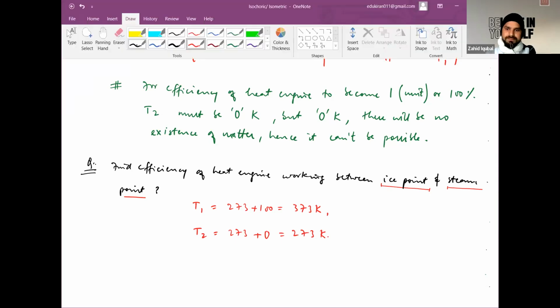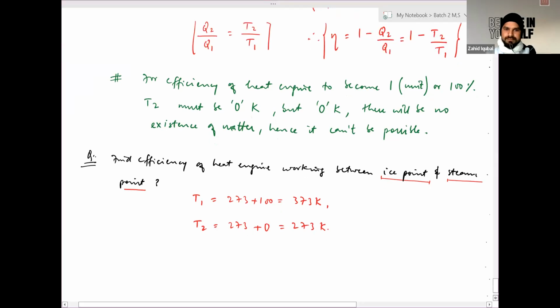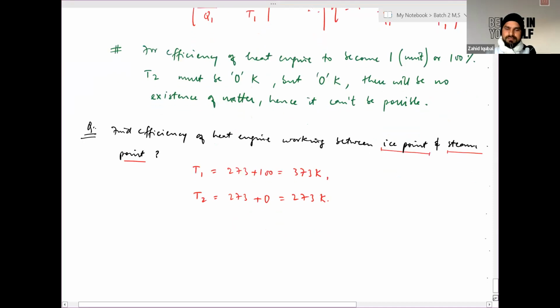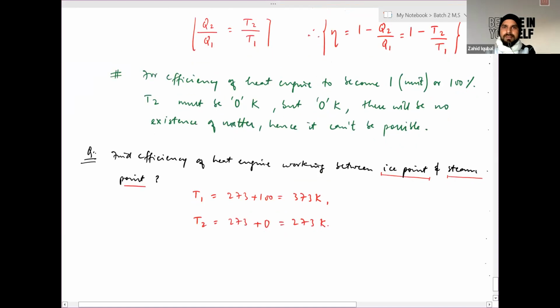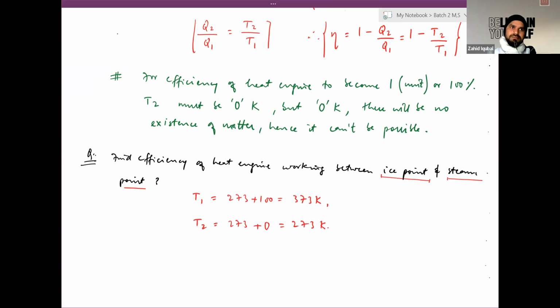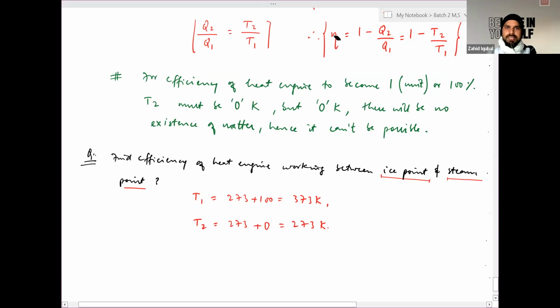Try to solve. Shravya, this is the formula to calculate. Eta is the efficiency of the heat engine, which equals 1 minus T2 by T1.